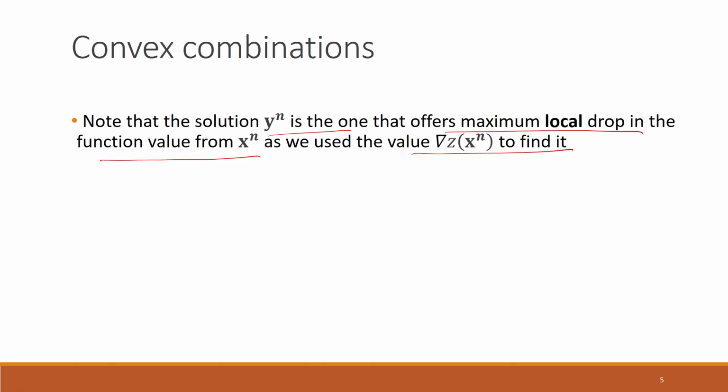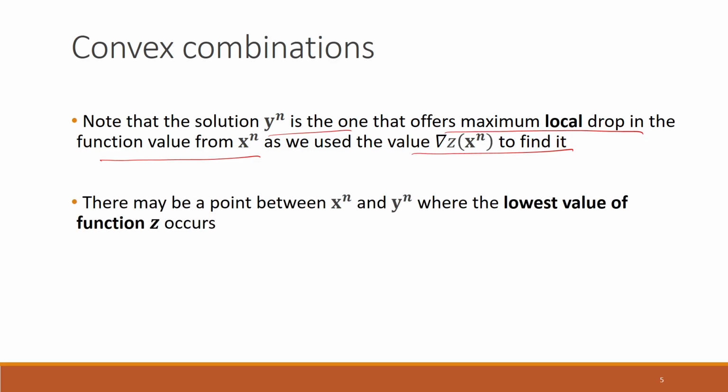So that is why this maximum drop in the function value that we see from xn to yn is maximal in the local sense, it may not be the actual maximal. We think it is the maximal because we are using the information of the gradient at this point xn, but it may not be. And therefore, there may be a point between xn and yn where the lowest value of function z occurs.